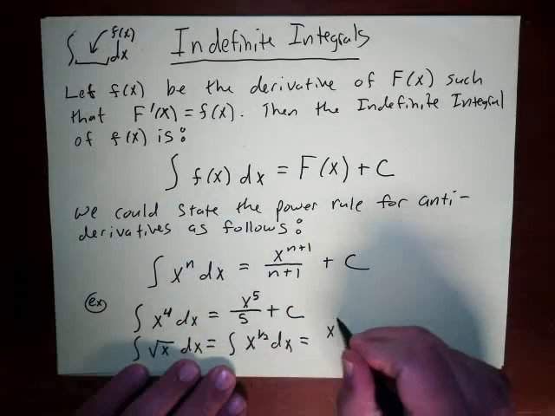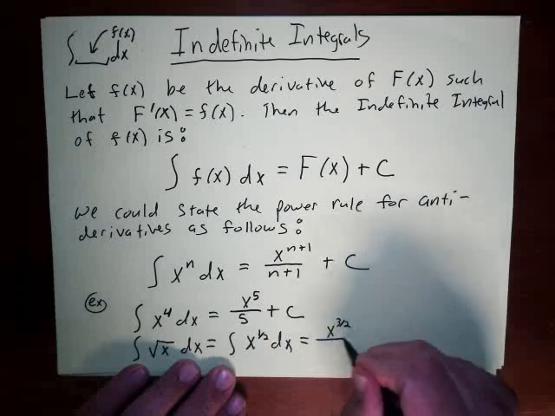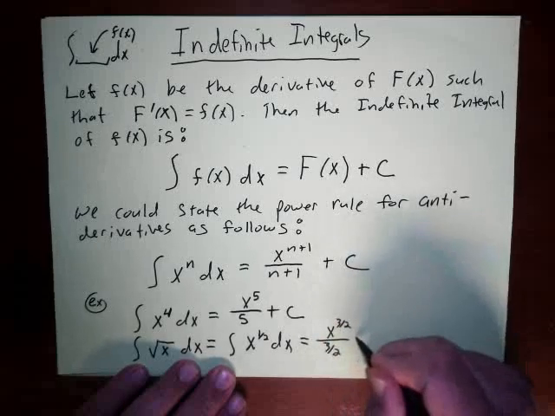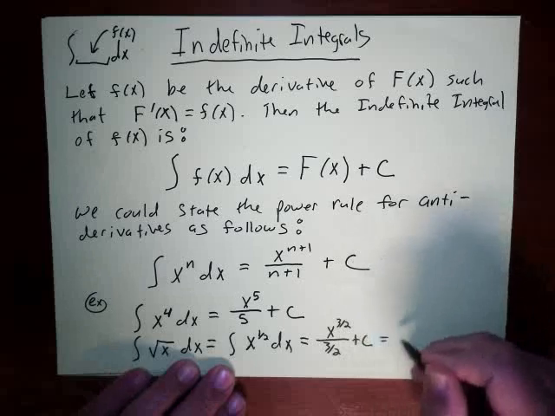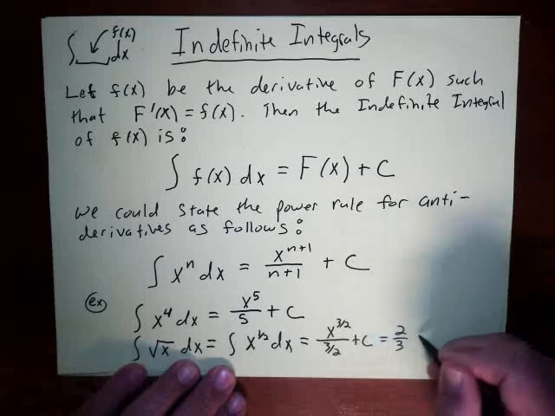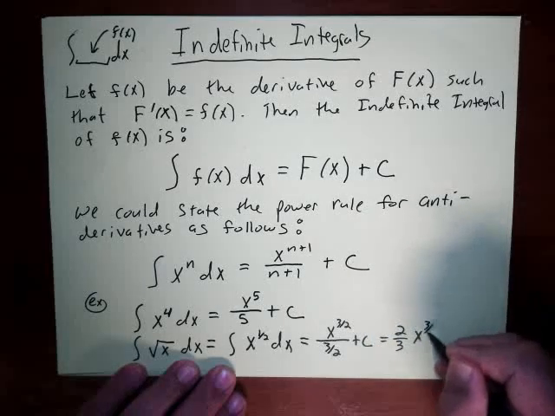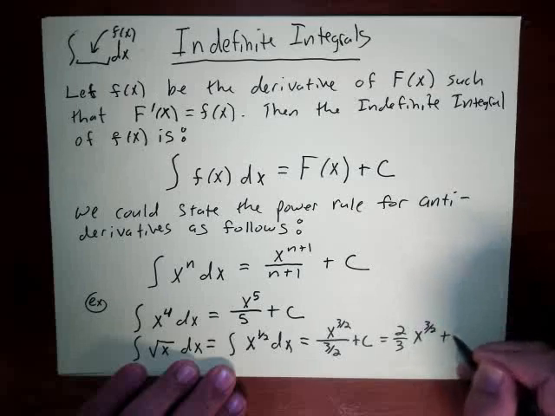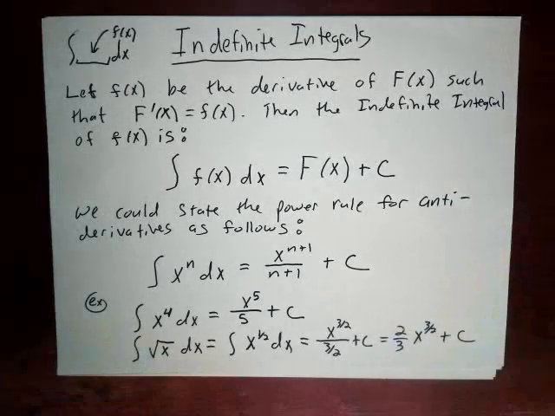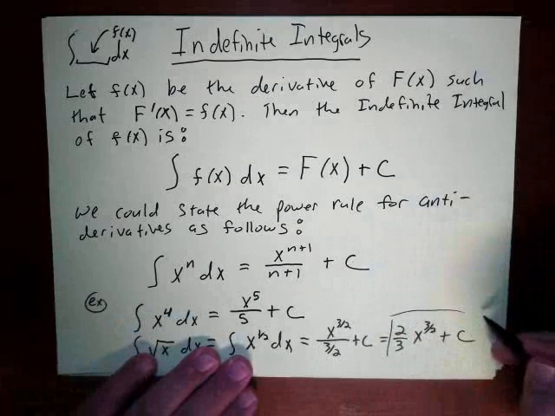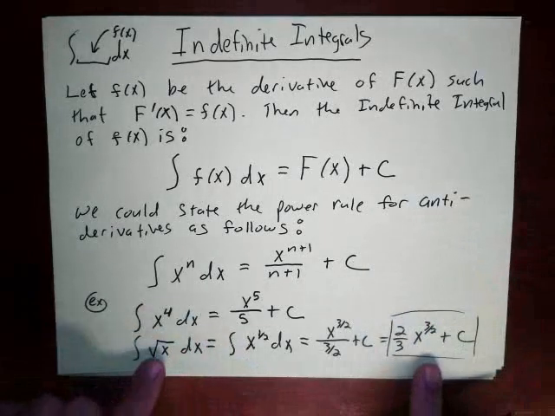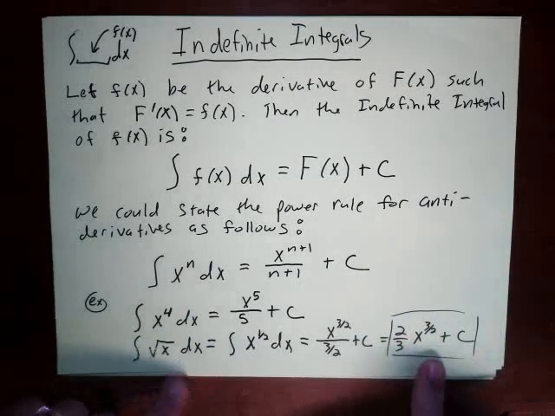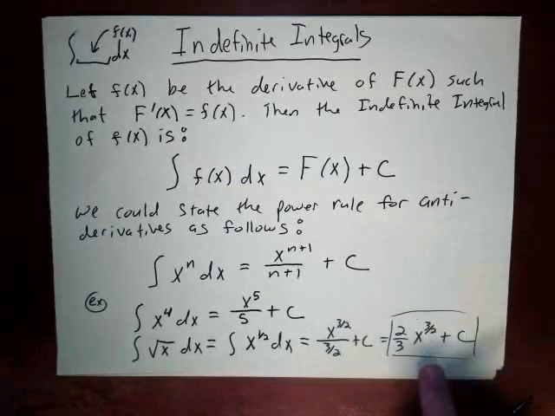So I'm going to get x to the 3/2 over 3/2 plus c. And then I could simplify that as 2/3 x to the 3/2 plus c. So this indefinite integral would give you this antiderivative.